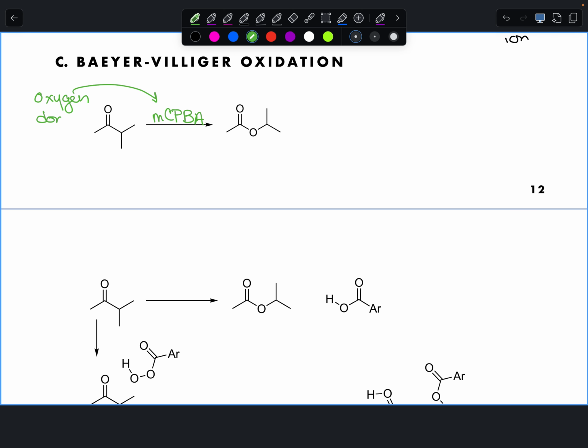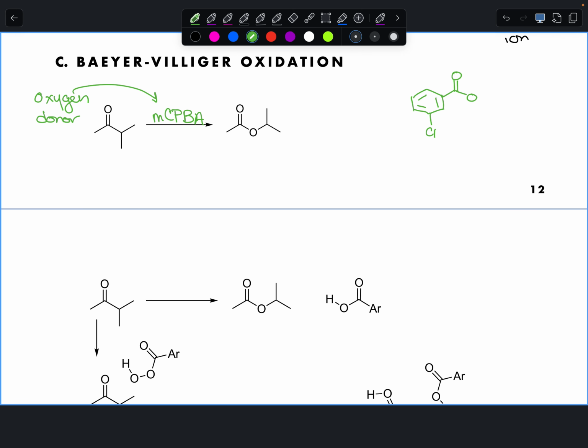And these are going to be called 1,4 addition products. These are nucleophiles that prefer to add to the beta carbon. Okay. All right, that's cool. We have something new here. All right.